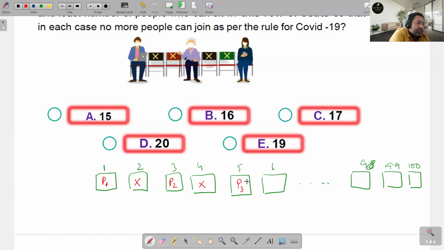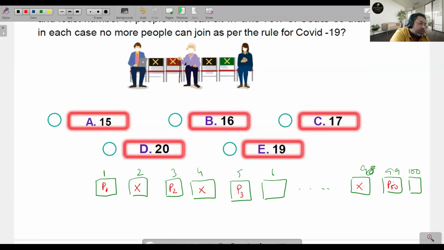You see that these people are all sitting on odd numbered seats, and all the even numbered ones are blank. They will sit till seat number 99. So how many people will there be? There will be 50 people in that case. This will be P50, because there are 50 odd numbers from 1 to 100, and all the others will be blank.